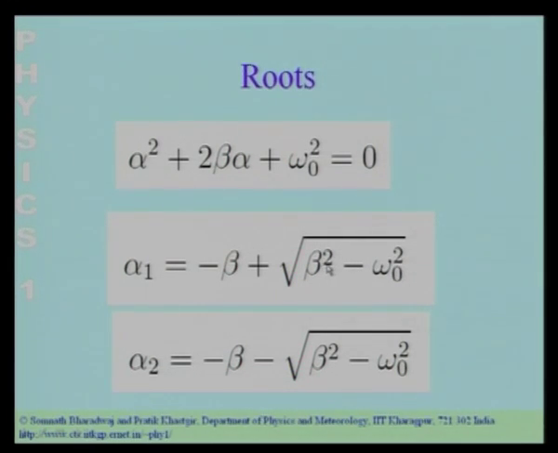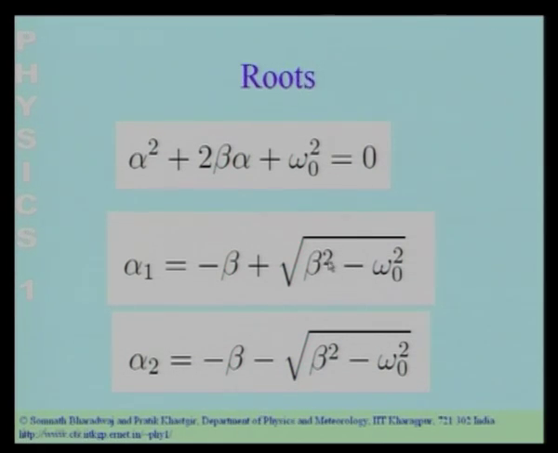If beta is equal to omega naught, then this factor over here exactly cancels out for both the roots, and both the roots are exactly equal. This situation is referred to as critical damping. We shall come back to this situation later, but the point to note is that the situation where beta is equal to omega naught marks a dividing line between two kinds of solutions.